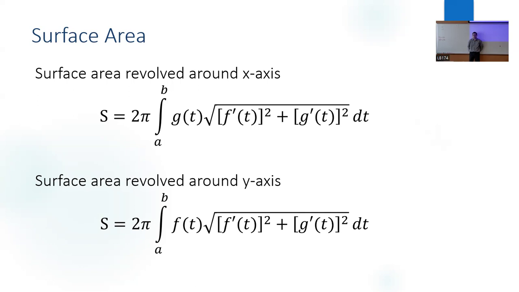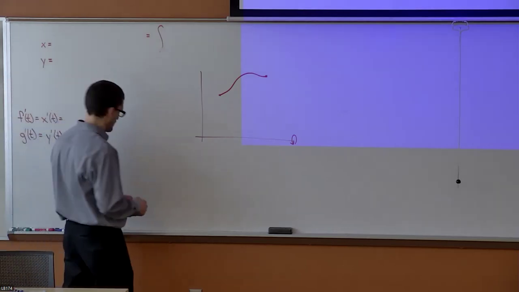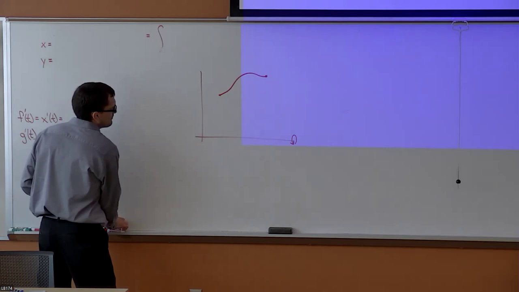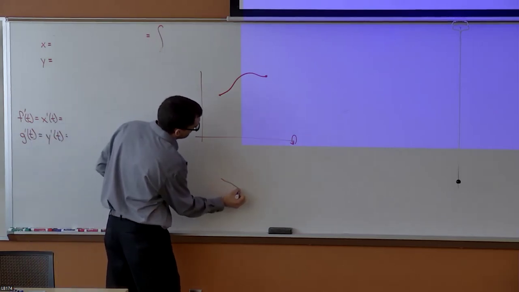But basically what you do is you take your curve and let's say we want to rotate it around the x-axis. That would give me sort of a ghost image over here.